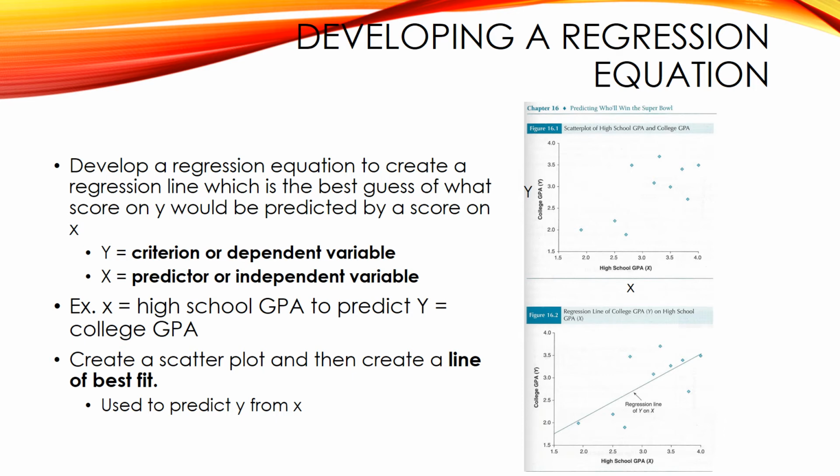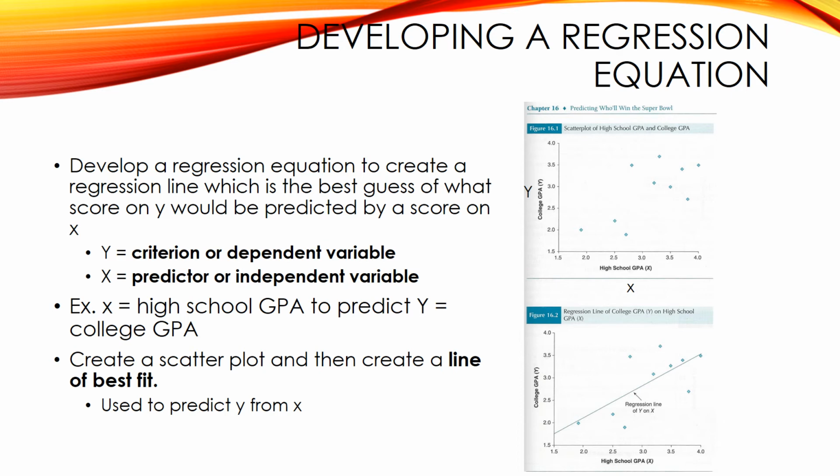So when you look at this high school GPA, we're trying to figure out if high school GPA can predict college GPA. So you create the scatter plot of each individual scores, you create a line of best fit, and that's your regression line. So when we look at this, you can see that you could use this regression line to predict that high school GPA could predict college GPA.